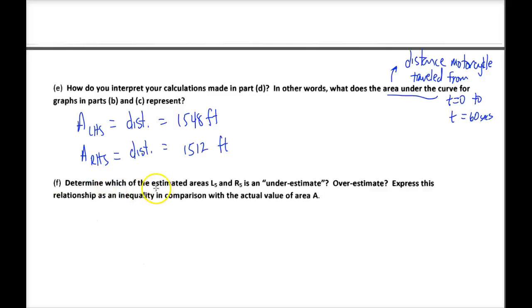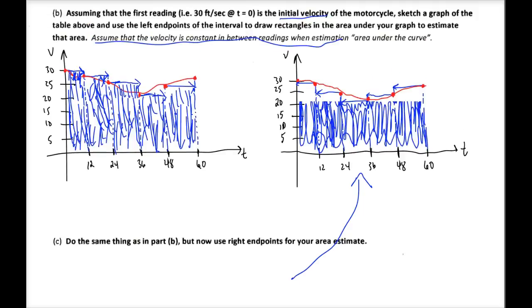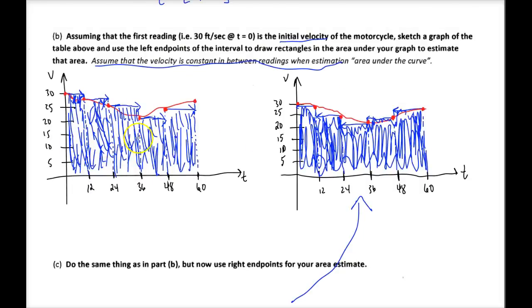And for F, we want to determine which estimated area, L5 and R5. I'm saying it like this because that would be the left-hand sum estimate using 5 rectangles, and this is the right-hand sum estimate using 5 rectangles. That's another notation for it. If you notice here, we had 1, 2, 3, 4, 5 rectangles, and 1, 2, 3, 4, 5 rectangles there.